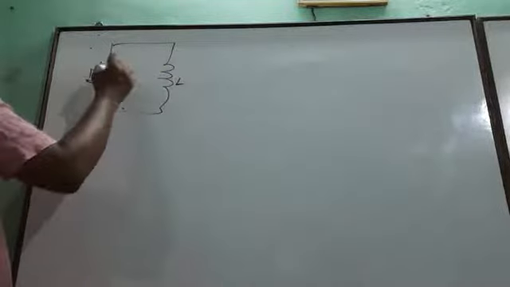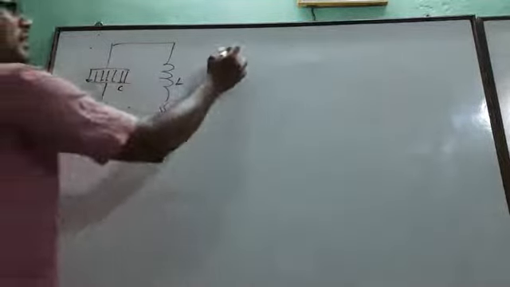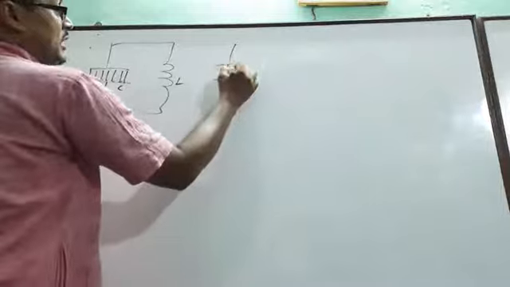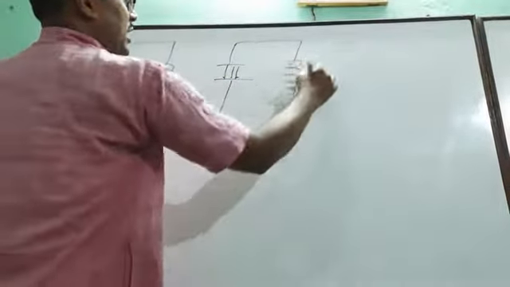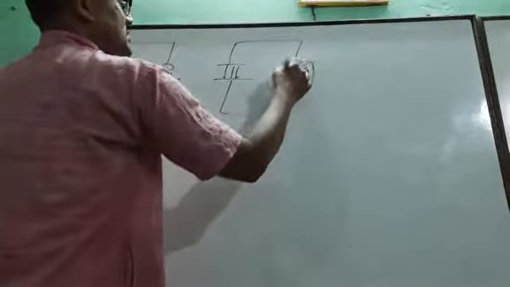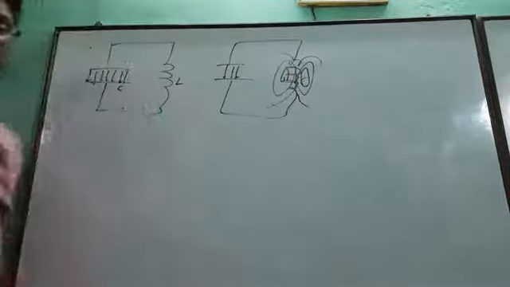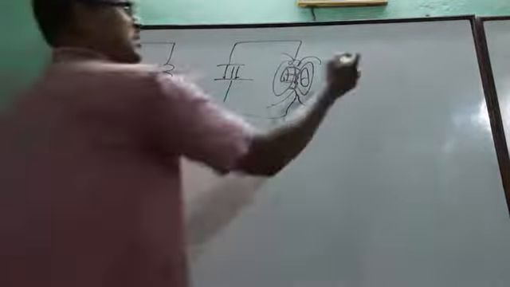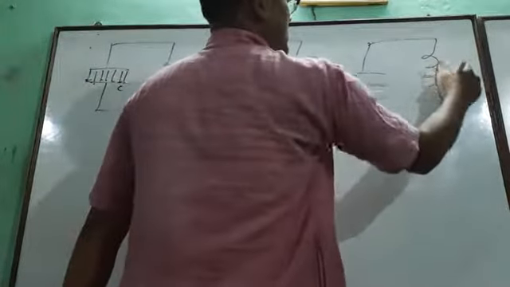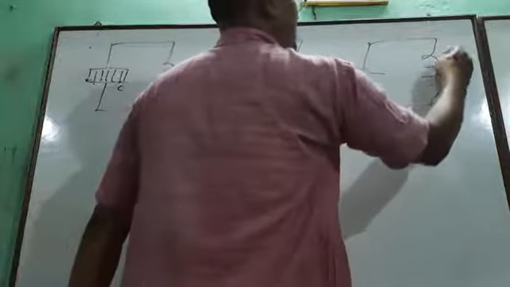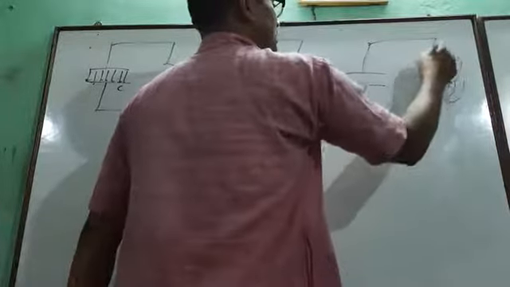After some time we discharge through this inductor, so the electrical energy decreases, and the magnetic energy increases. The magnetic flux increases, and after some time the capacitor is totally discharged and the magnetic field becomes maximum.